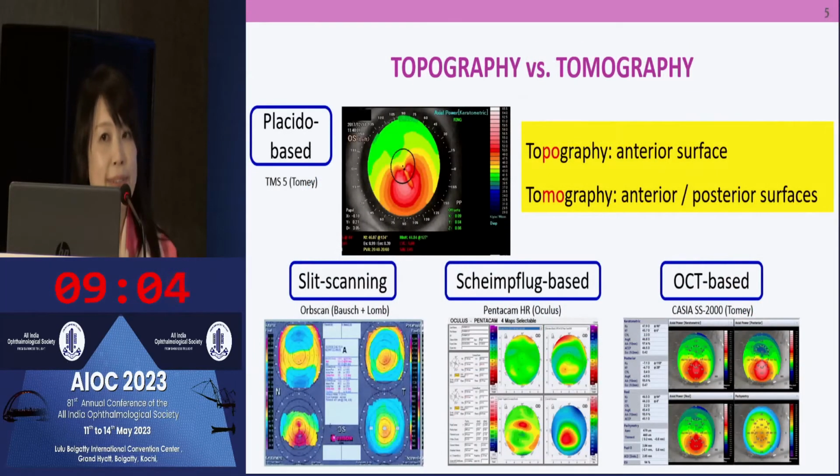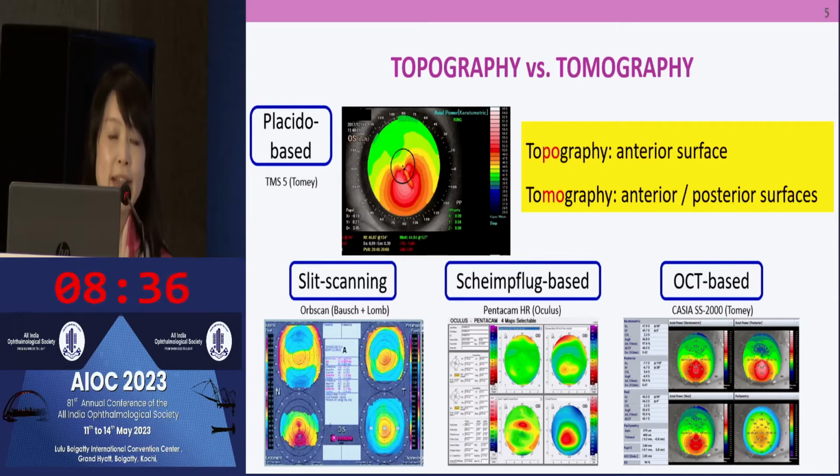Let me revisit corneal topography and tomography. It is very important to recognize that corneal topography can characterize the anterior corneal surface only. However, corneal tomography can characterize both anterior and posterior corneal surfaces.